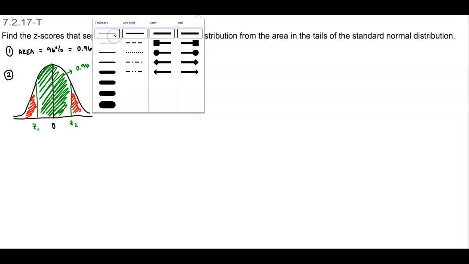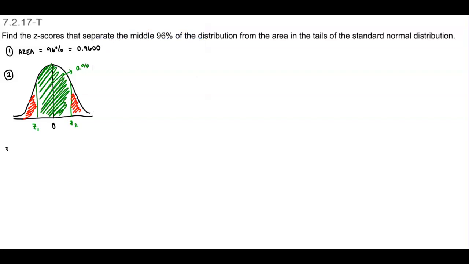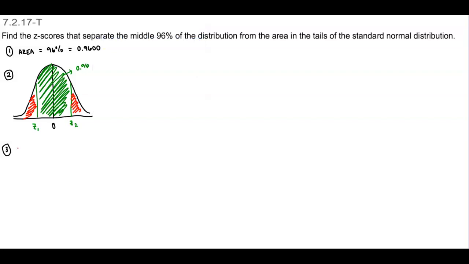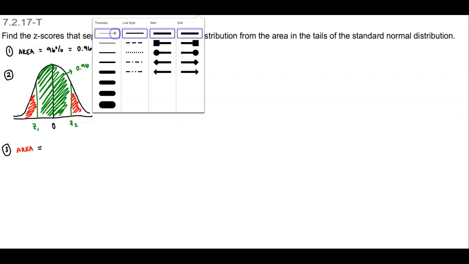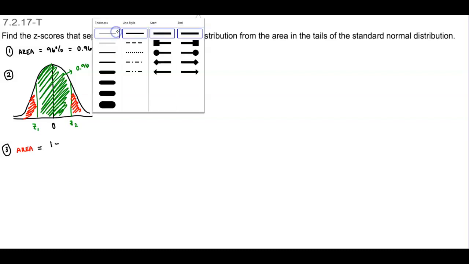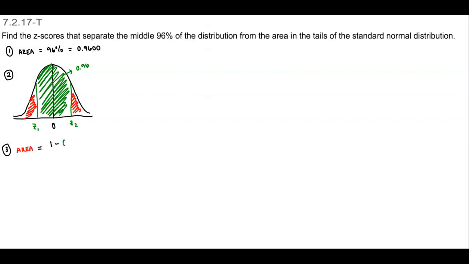So in order to find the area on the left and on the right, we want to find the total area in both. We're going to take 1 and subtract the area in the middle, which is 0.96.